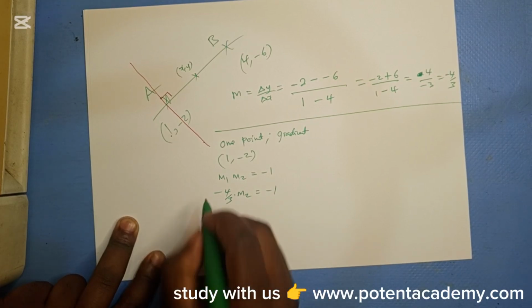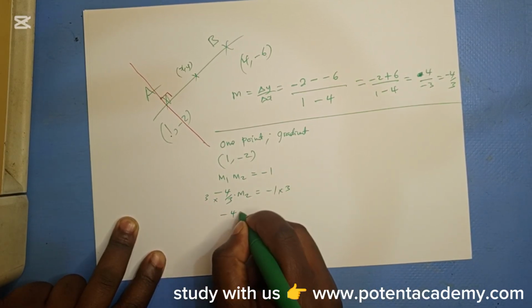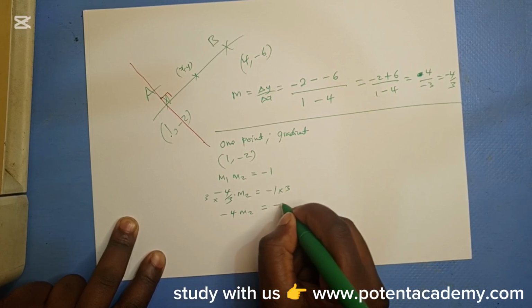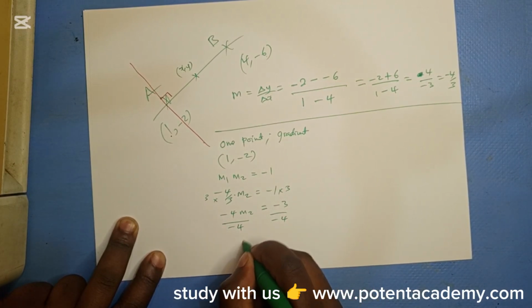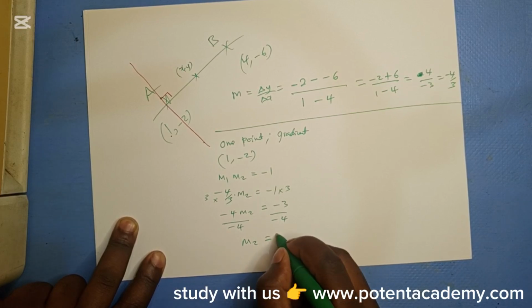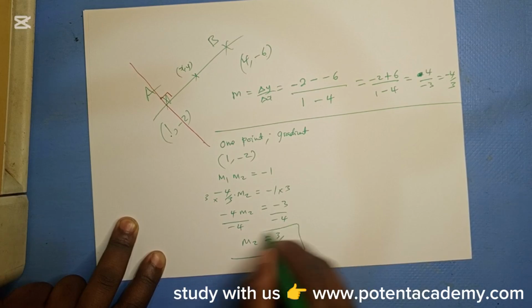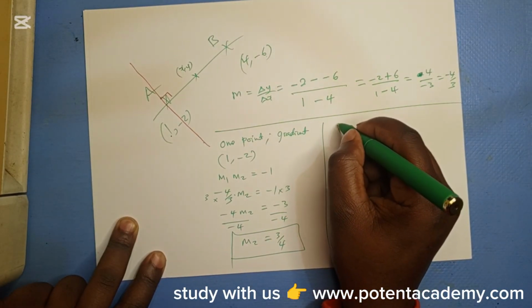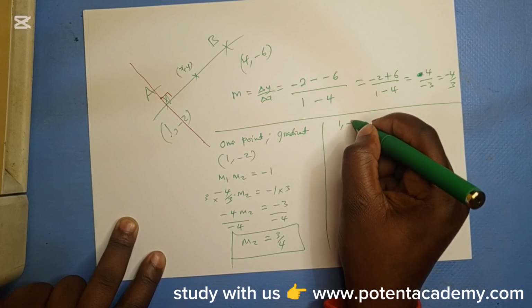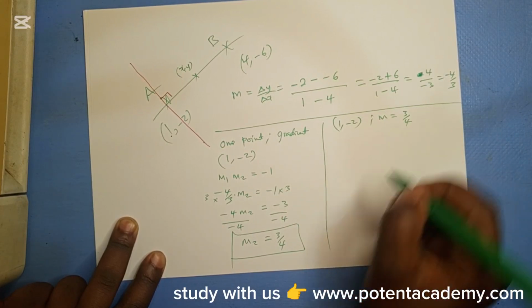So we can multiply by 3, 3 times negative 4, m2 equals to negative 3. Divided by negative 4, m2 is equals to 3 over 4. Negative divided by negative is positive. So we have this gradient and we move on to find the equation of a line passing through point 1, negative 2, and whose gradient is 3 over 4.